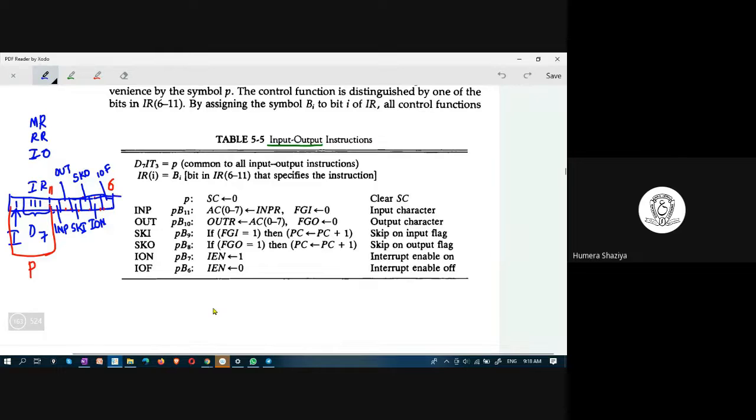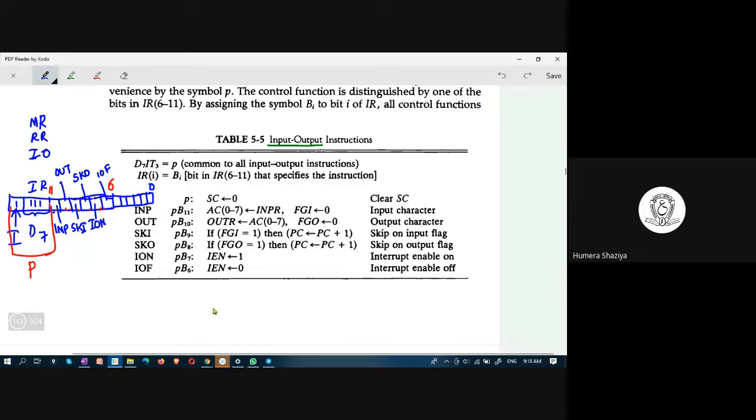And here you will find the other bits 5, 4, 3, 2, 1, 0. So these 0 to 5 are unutilized bits. Only bits 6 to 11 are utilized.